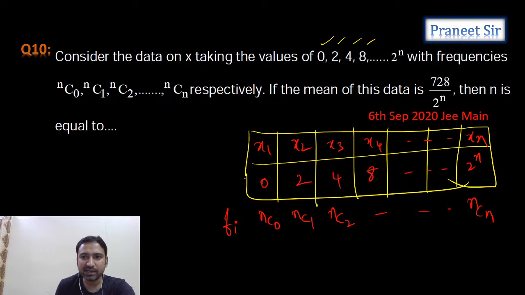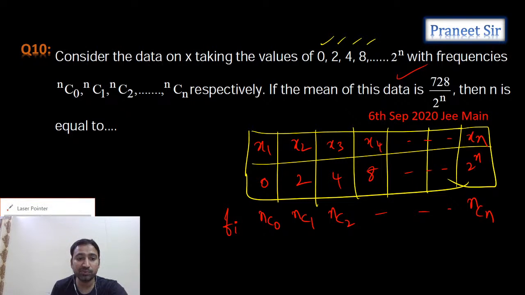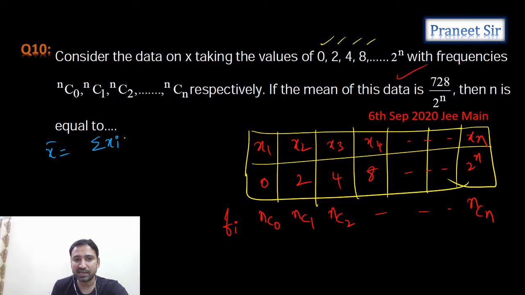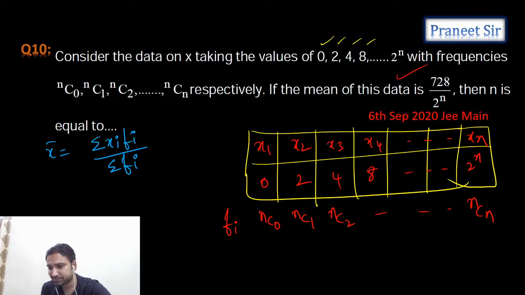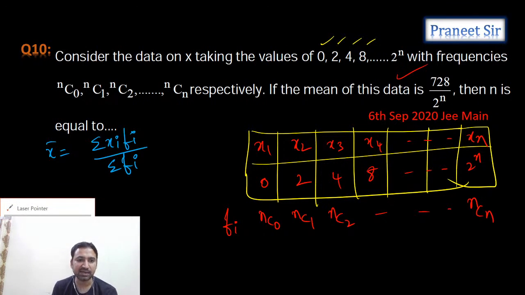So what do we need to calculate? We need to calculate the mean. What is the formula to calculate the mean for grouped data? Mean x bar is equal to sigma xi into fi by sigma fi. This value is already given as 728 by 2 power n. But let's calculate this x bar, guys.